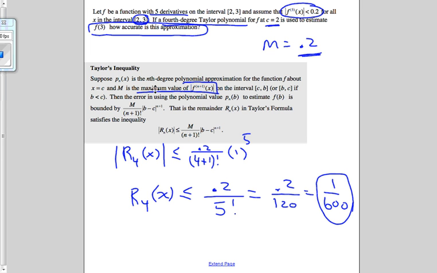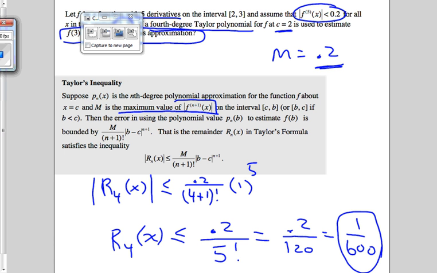If we only do a fourth degree polynomial on this interval from 2 to 3, estimating the polynomial when c is 2, we are able to estimate with an accuracy of 1 over 600. So 1 over 600 is our maximum error, in other words. Let's go ahead and look at another example.